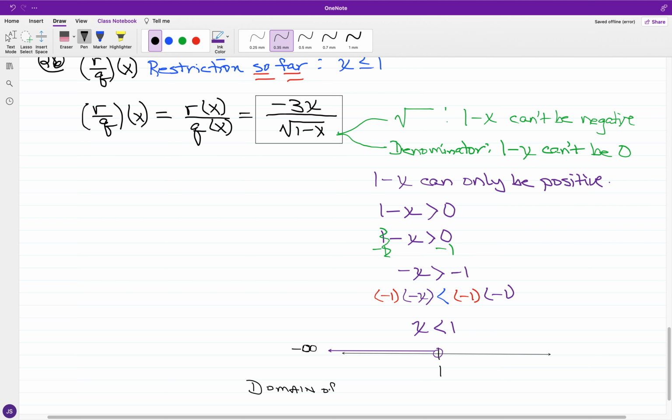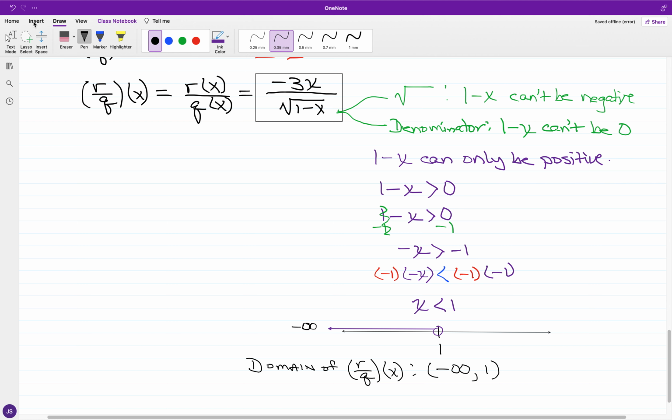And so we're going to have for the domain of r over q of x, going from negative infinity approaching but not including 1. So we have an open interval throughout.